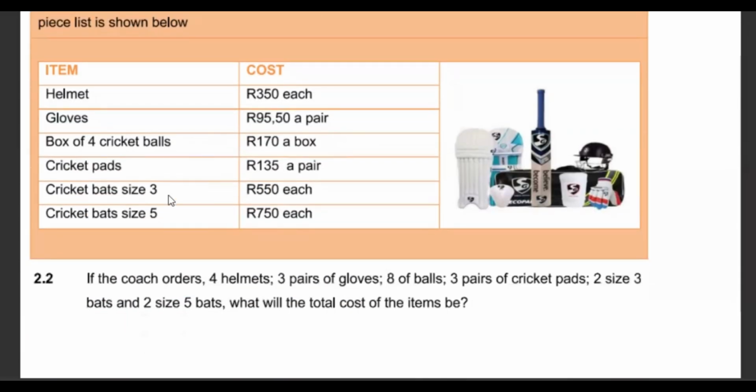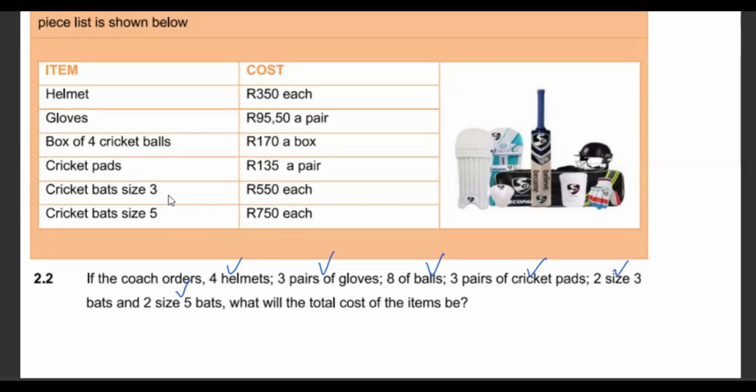Next question: if the coach bought 4 helmets, 3 pairs of gloves, 8 cricket balls, 3 pairs of cricket pads, 2 size 3 bats, and 2 size 5.